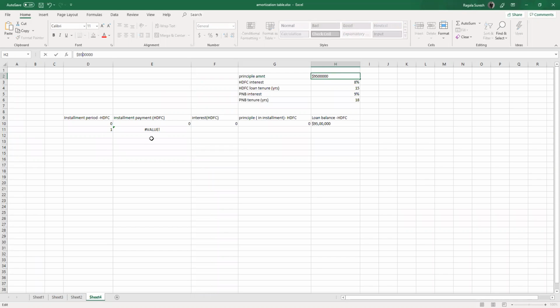Why didn't it change? Oh, comma was coming because of dollar. Now it came. See? So comma it has to take, but we should not give. It has an internal convention. The problem is with the comma.